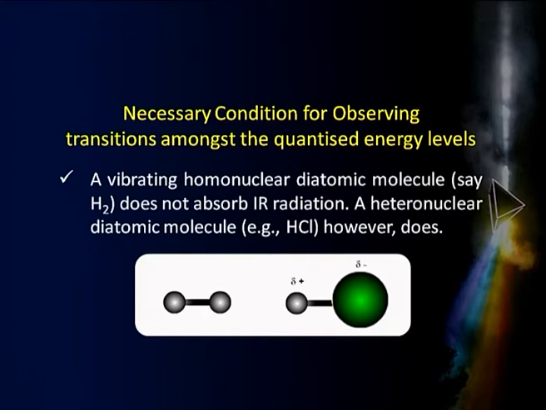On the other hand, HCl is polar to begin with, and if I expand this bond, the dipole moment increases. When it contracts, the dipole moment decreases. As a consequence, when this molecule vibrates, there will be an oscillating dipole moment which can interact with the electrical component of the EM radiation.